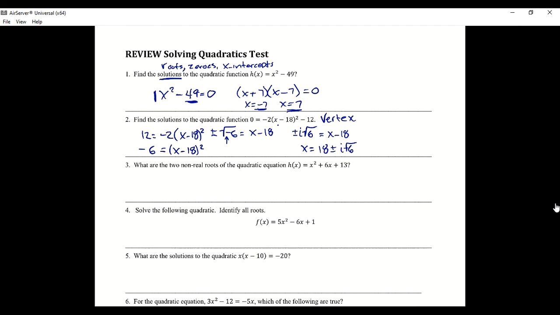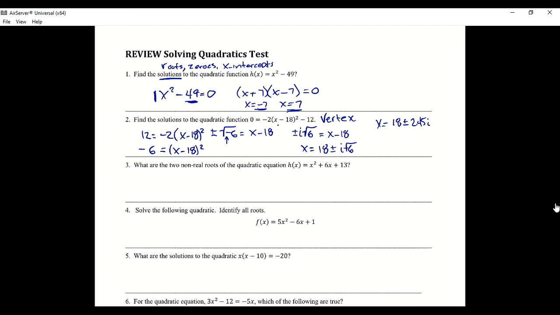Now we could leave it like this, or we could take the square root of 6 on the calculator. So we could have x equals 18 plus or minus 2.45i.